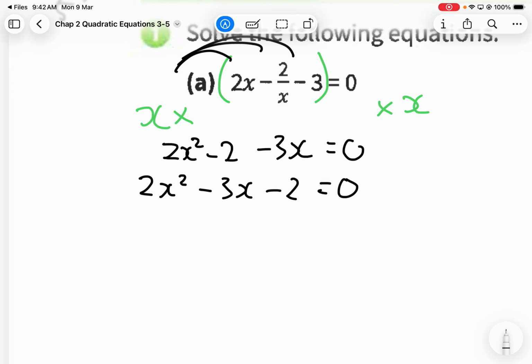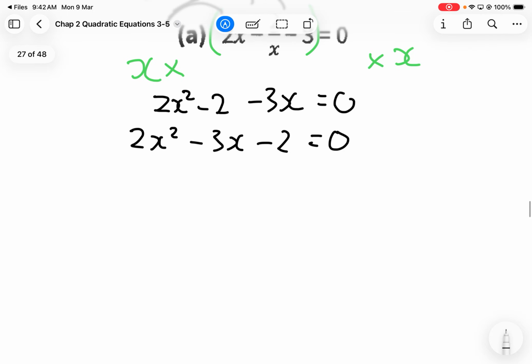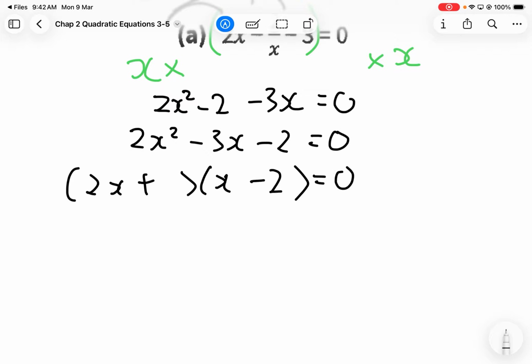From here, I can either use my factorization or I can use my quadratic formula. If you can see the factorization, it is actually 2x, x, minus 2, and plus 1.